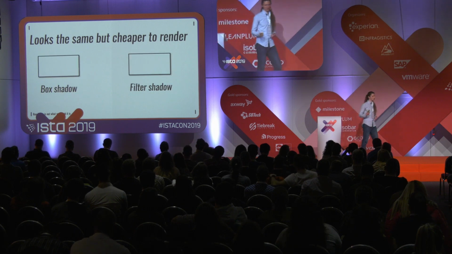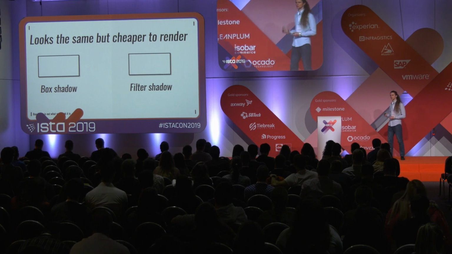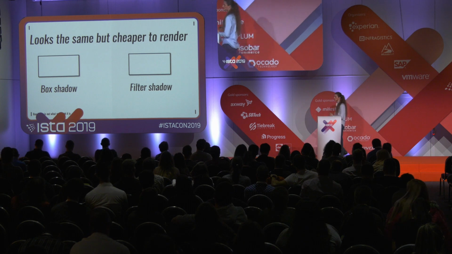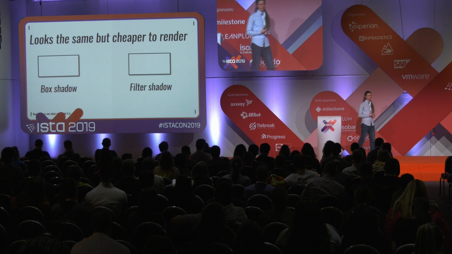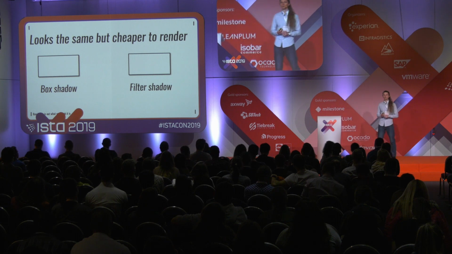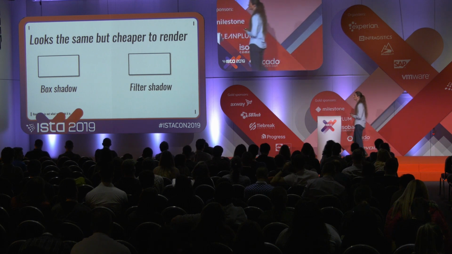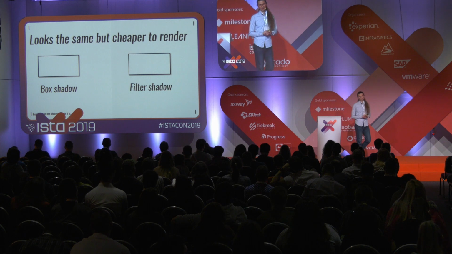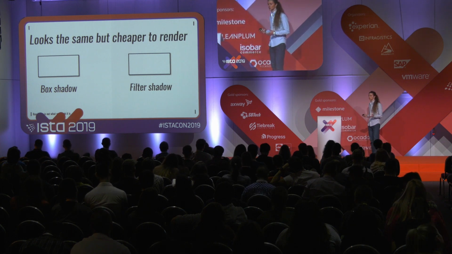Another example of this is box shadow and filter shadow. Filter shadow actually respects the alpha. What we talked about a bit earlier, that there is a phase where the mask is analyzed, filter shadow respects that, which makes its computations much heavier. So if you just need to create a shadow-like effect, you can use box shadow for rectangular figures.